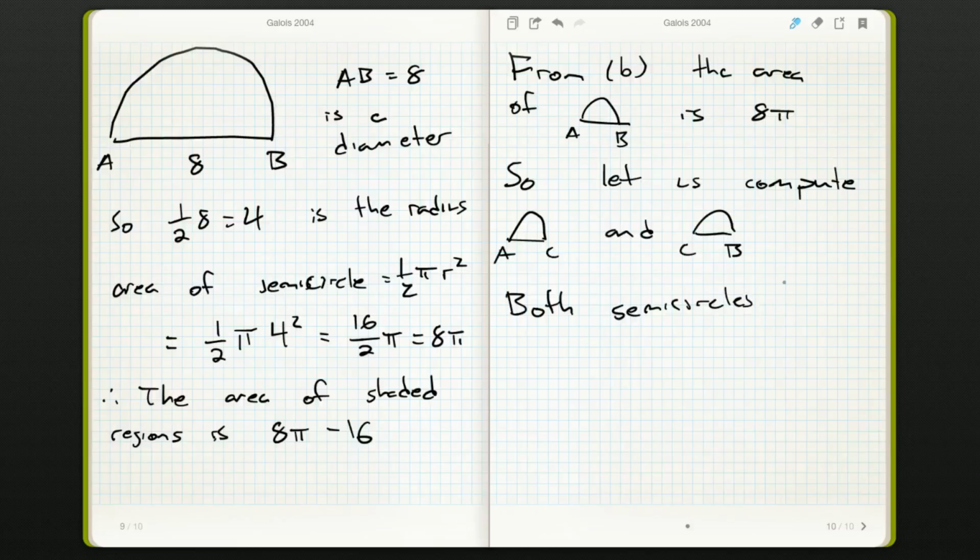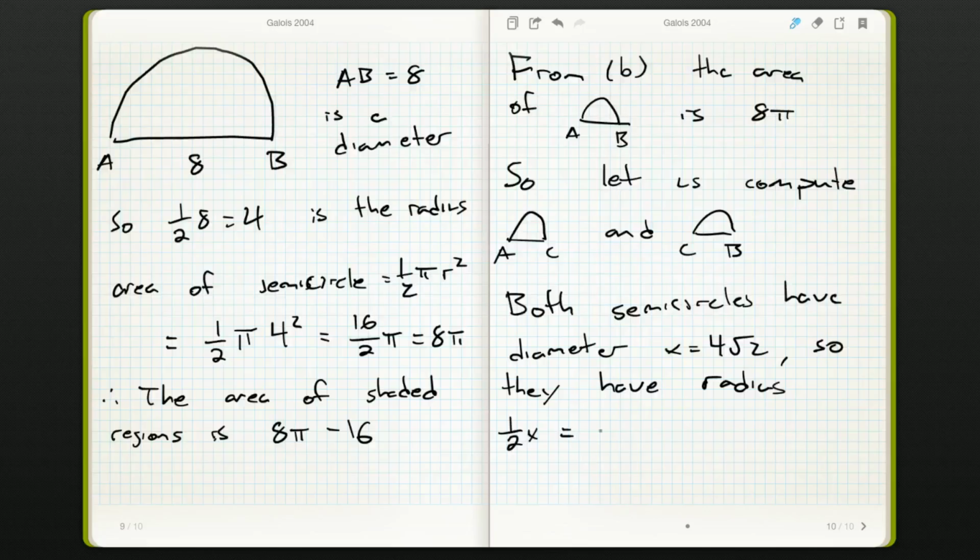Both semicircles have a diameter of x equals 4 root 2. So they have radius 1/2 x, which is going to be 2 root 2.